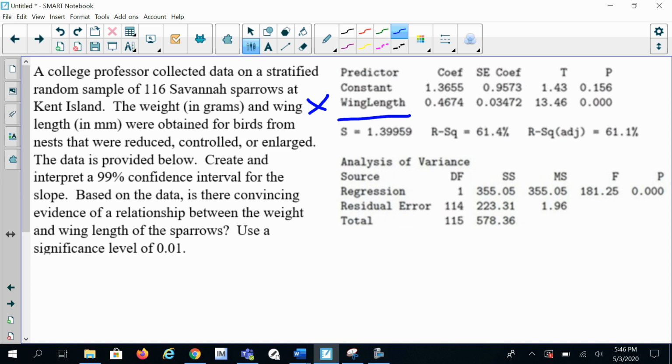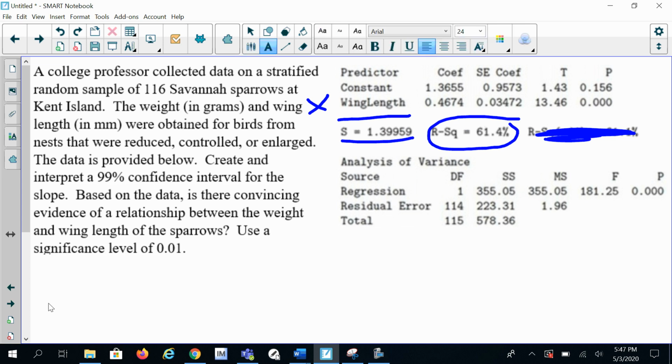So we can easily do this. So let's look at that. We have our R squared. This is R squared adjusted, ignore it, and then there's your S. So we have the two statistics. We know our X, we know our Y. We can just quickly type in and interpret these.